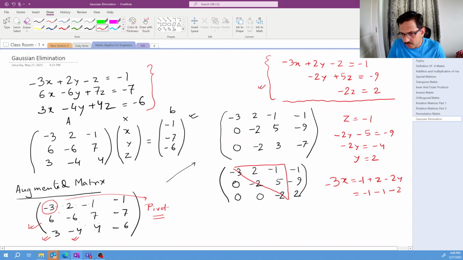So 2 into 2, it's basically 4. So it is coming minus 6, right? So minus 3x equal to minus 6. So x equal to 2. So that's the main intuition of Gaussian elimination.